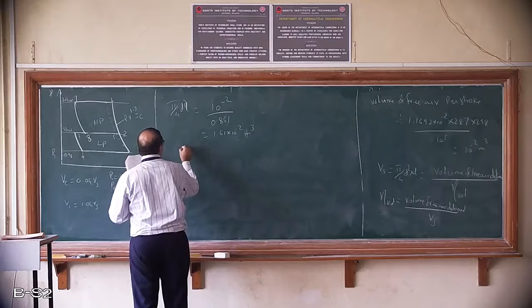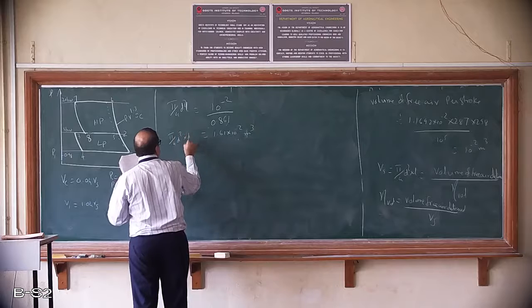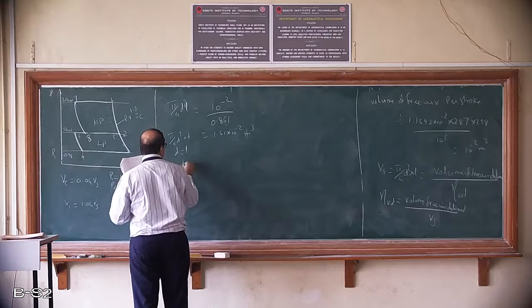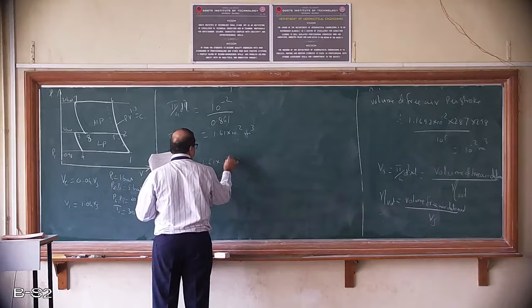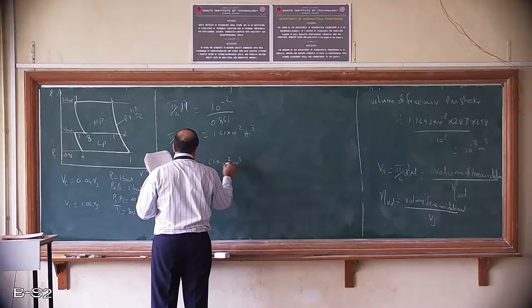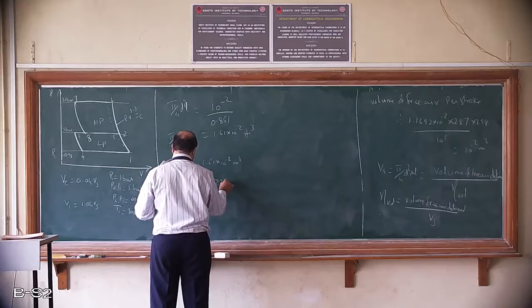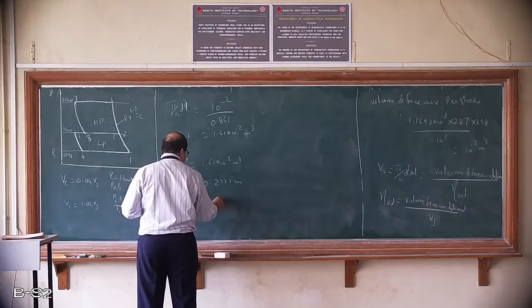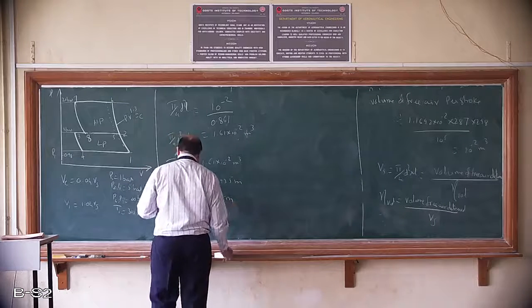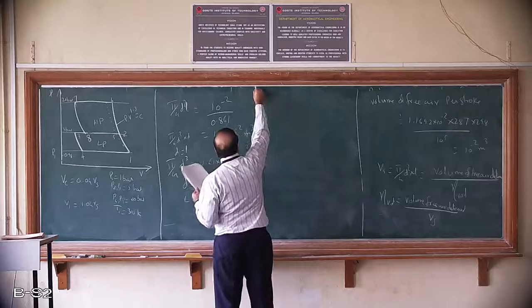But pi by 4 d square into L, d is equal to L. So therefore, this will be d cube, pi by 4 d cube is equal to 1.61 into 10 to the power of minus 2 meter cube. D is equal to 0.2735 meter, and L is equal to 0.2735 meter.